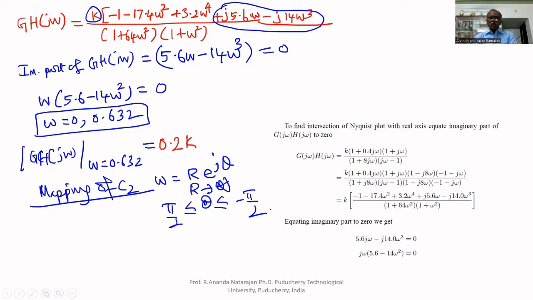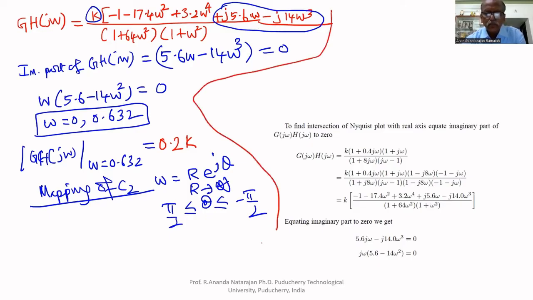For this, what is G H of j omega? Substitute omega equals r e power j theta.